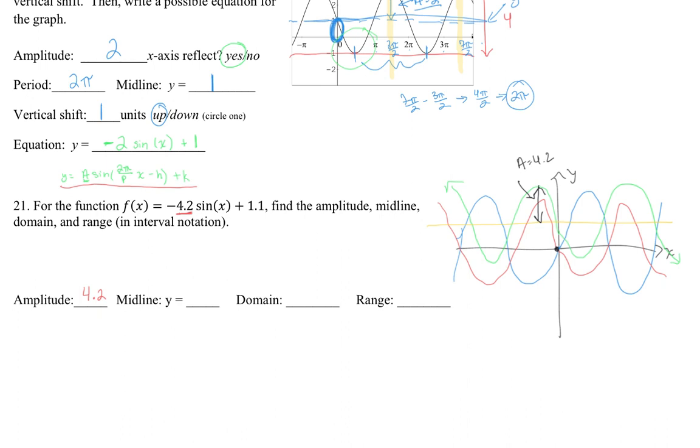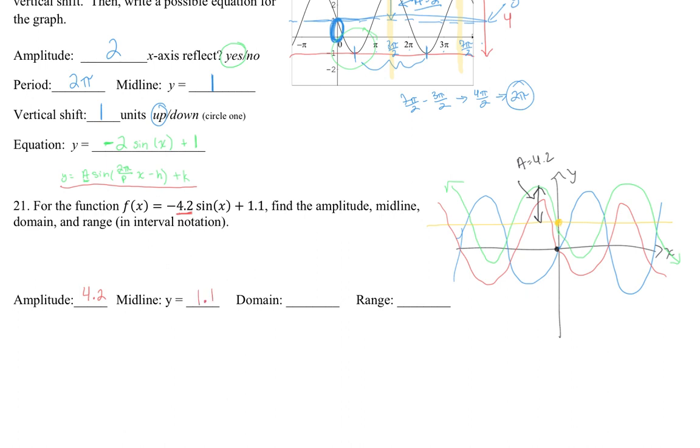Our midline typically happens at our vertical shift point, right? So our midline in this case is 1.1.